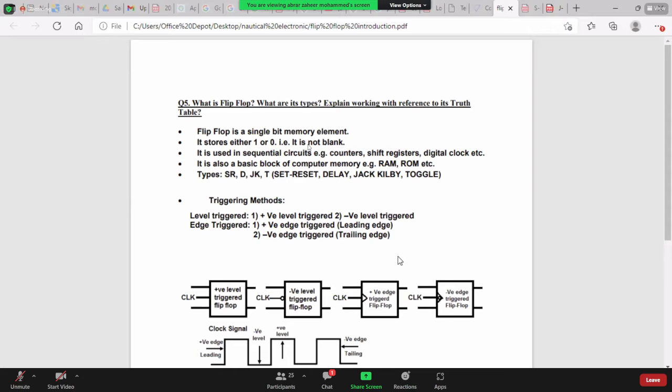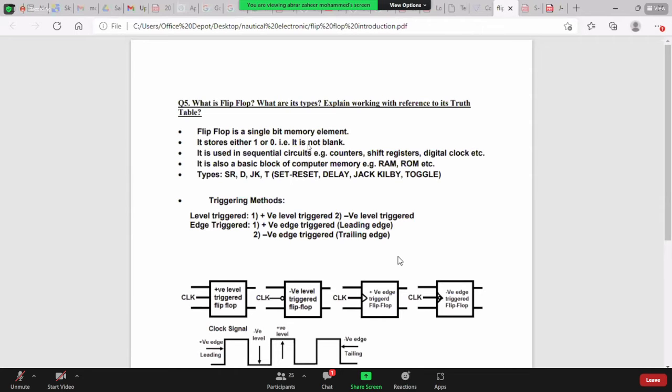So it is also a basic block of computer memory. Okay. Example, RAM and ROM. So different types of flip-flops we are having: the SR flip-flop, D flip-flop, JK flip-flop, and the T flip-flop. So SR stands for what? Set reset flip-flop.